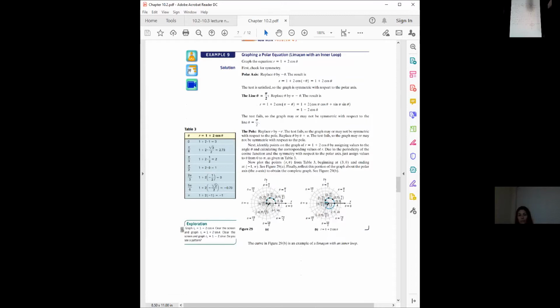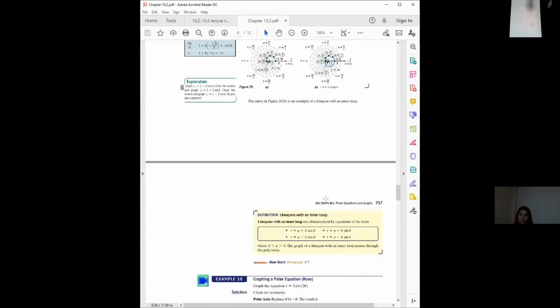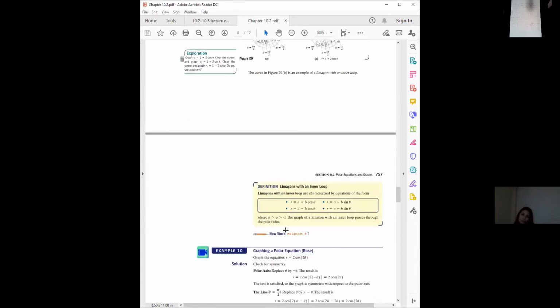It has an inner loop. It doesn't just cave in, it goes all the way in here. And that depends on the A and B. So let's do an example of those. Okay.